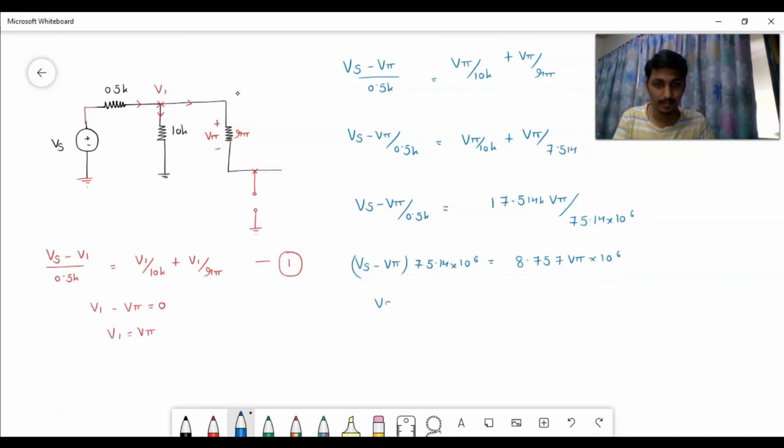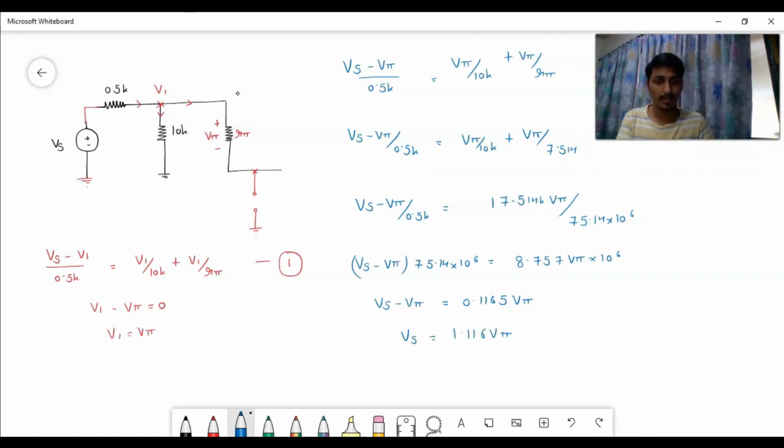Okay, so Vs minus V pi, if we solve it further, dividing by 75.14, 10 raised to 6 by 10 raised to 6 gets cancelled, 0.1165 V pi, and this goes there, plus 1.116 V pi.